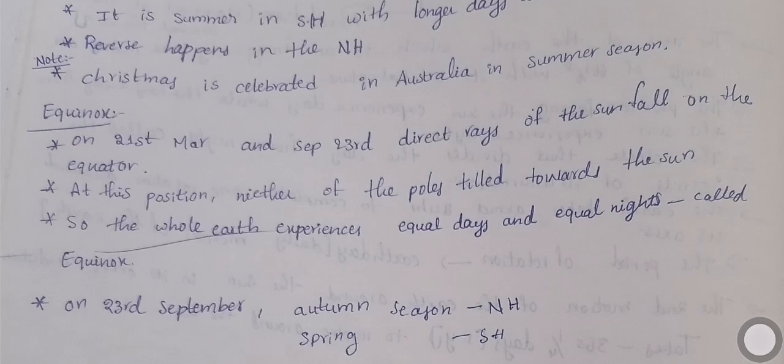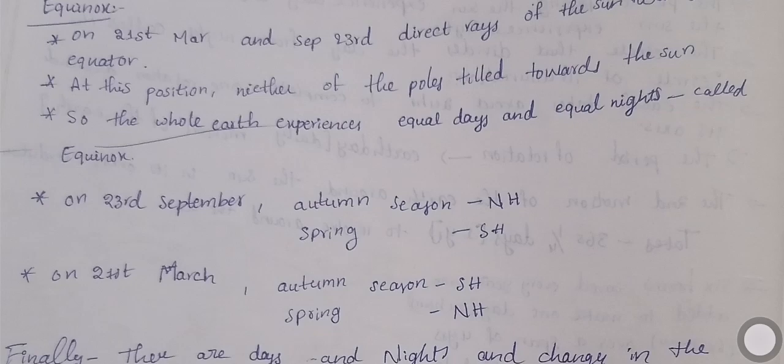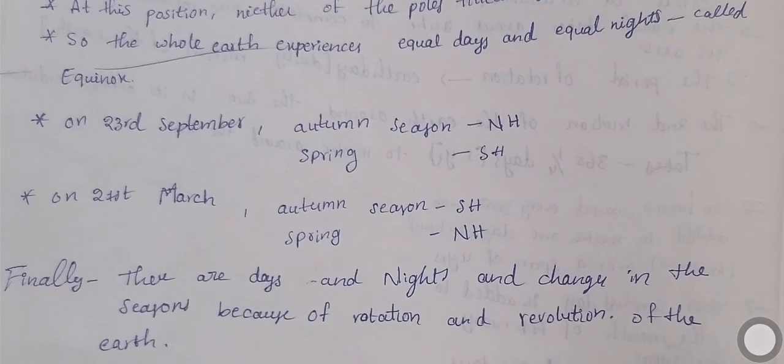So the whole earth receives equal day and night. Hence, it is called the equinox. On 23rd September, we have autumn in the northern hemisphere and spring in the southern hemisphere. On 21st March, we have autumn in the southern hemisphere and spring in the northern hemisphere.